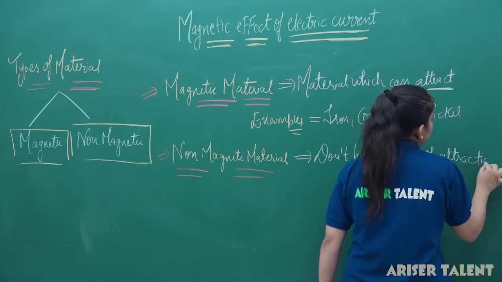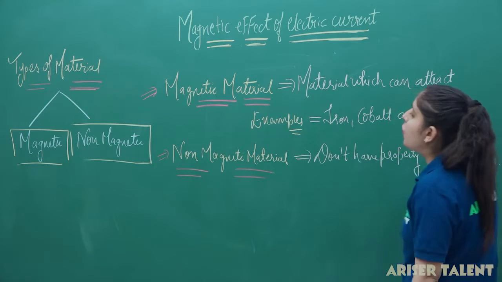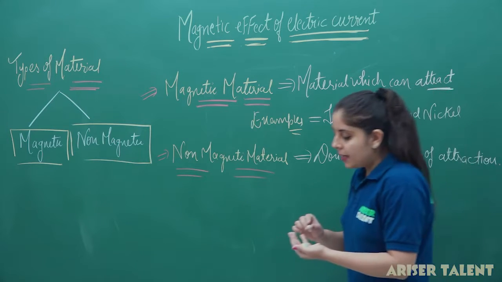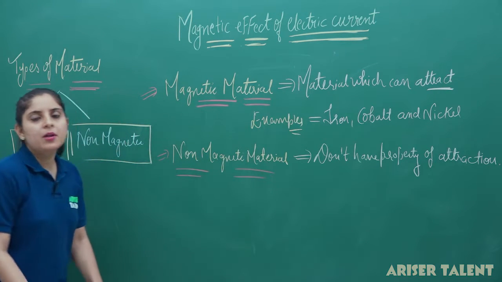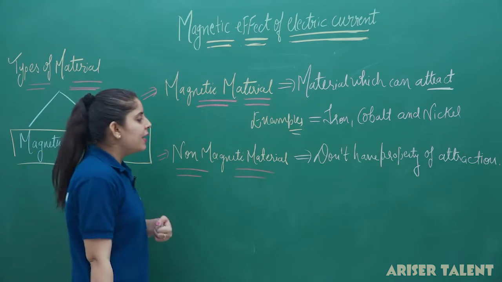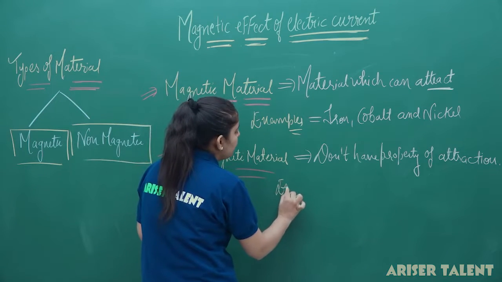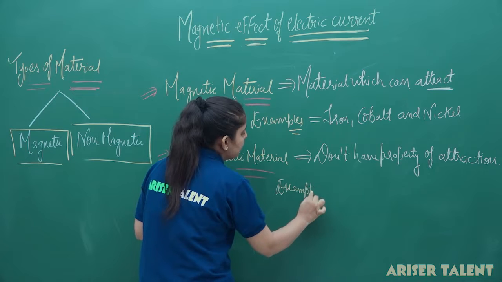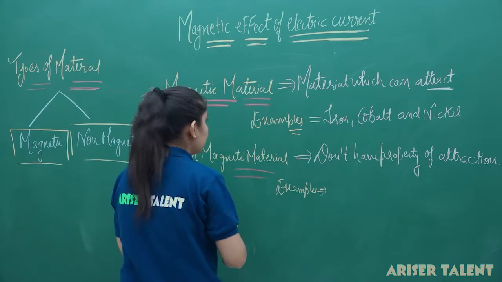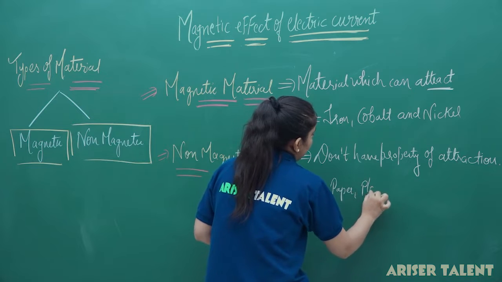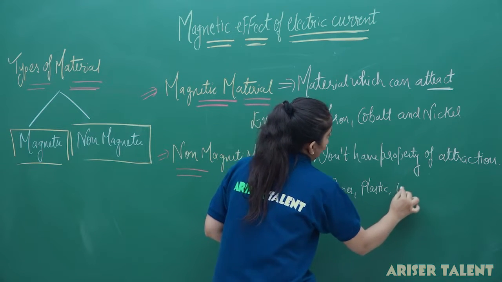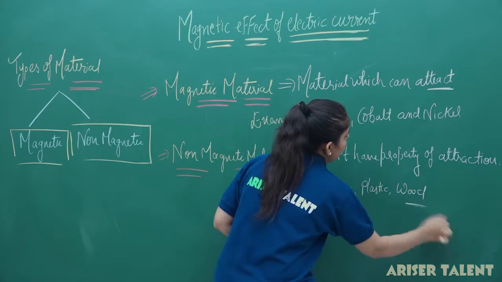So these will be termed non-magnetic materials. In non-magnetic material, we have several examples like plastic, paper, wood. They are not going to attract any piece of iron. So examples here are paper, plastic or wood. These are our non-magnetic materials.